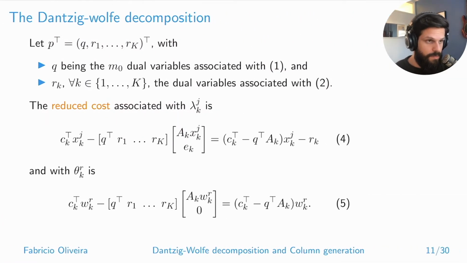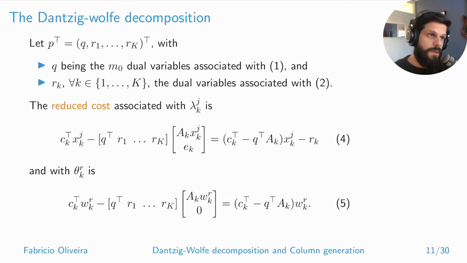And it turns out that if we think a bit more about this, we really don't need... So let us call this vector P, which has M0 plus K components, defined by the dual variables like we've seen before. These are the dual variables for the first M0 constraints coming from the matrix A, and then we have one of these for each of the subproblems.